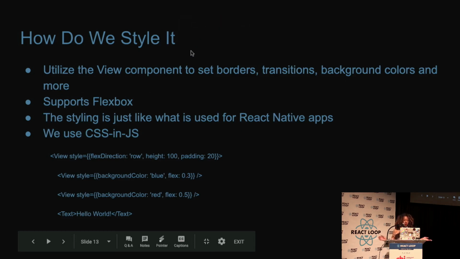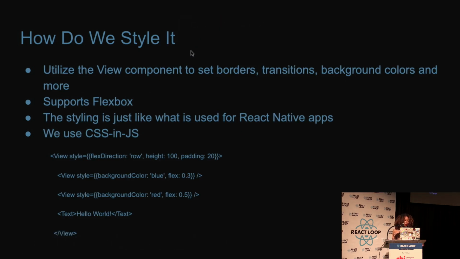All right. How do you style it? If you've used React Native, then you'll understand how to style the app pretty quickly. You would use the View component. That's where your layout lives, and where you can set the borders, background colors, text colors, font colors, and everything. They use CSS and JS.